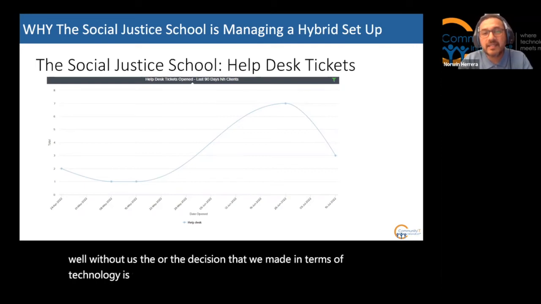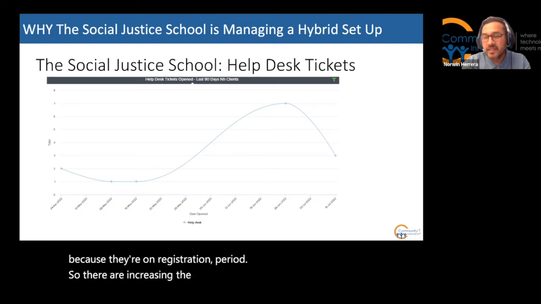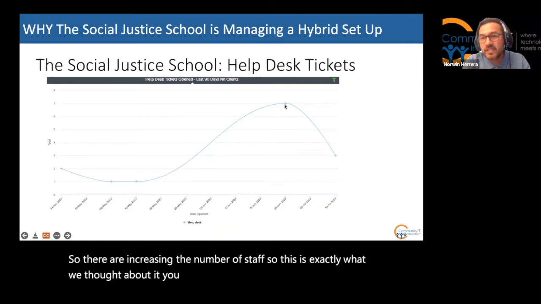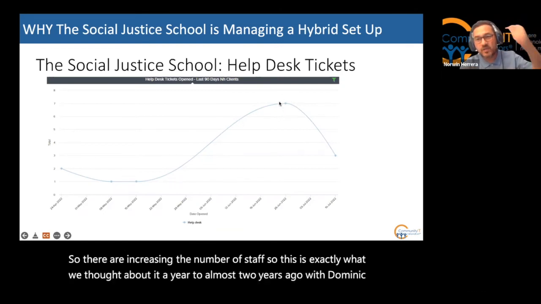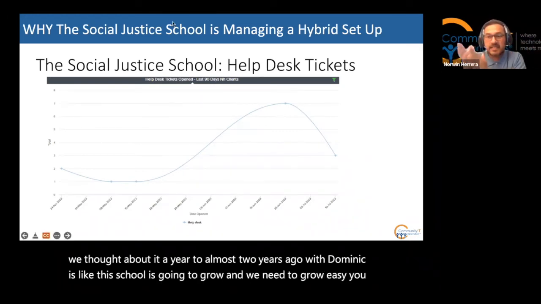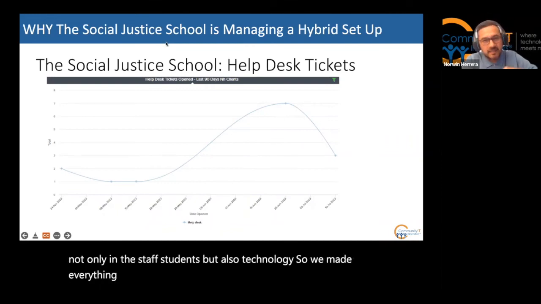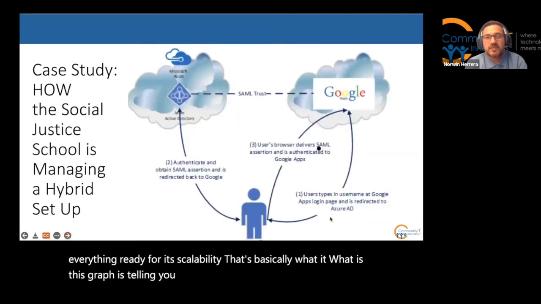The peak that you see on June 26th is because they're in registration period, so they are increasing the number of staff. This is exactly what we thought almost 2 years ago with Dominic: the school is going to grow and we need to grow easily, not only in staff and students, but also technology. So we made everything ready for scalability. That's basically what this graph is telling you. So we made the right choice.